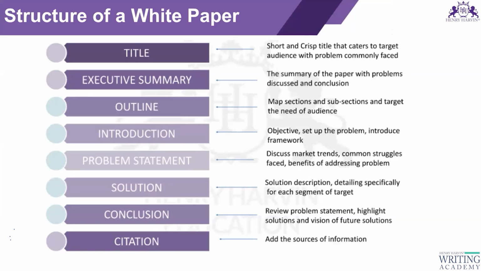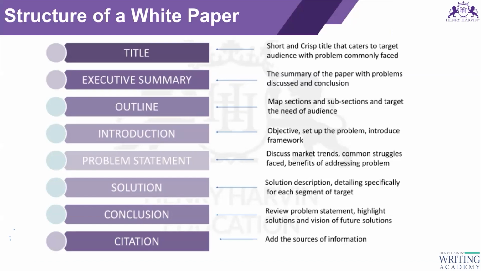Then your outline. Outline you can ditch actually, because if you have an executive summary, there's no need, you can directly go to your introduction. So in the introduction, slowly you are talking about the problem, and you're introducing your framework, meaning how you went about collecting this information and presenting it.